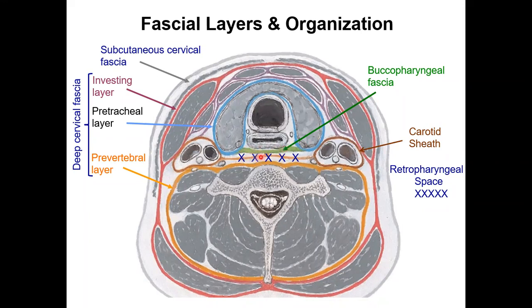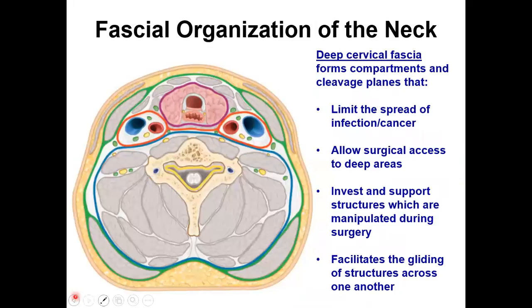This little pale orange fascia here is your alar fascia, and this actual orange fascia here is your prevertebral. So when studying these layers, be able to identify them on a picture like this, because that's how it'll show up on your test, labeled with arrows, and you'll have to identify which is which.